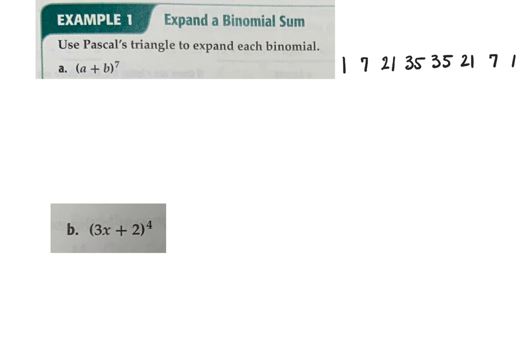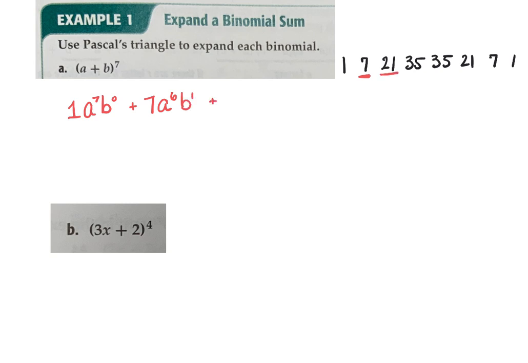Now we just need to set it up. All right, so we start with a 1 and a to the 7th, b to the 0. We're going to add to that our next coefficient, 7. And we're going to go down 1 with the a, up 1 with the b.